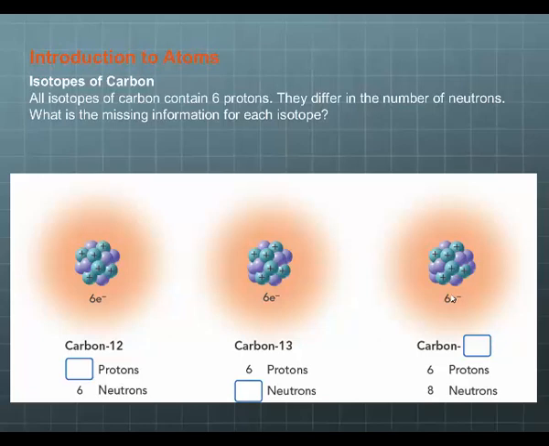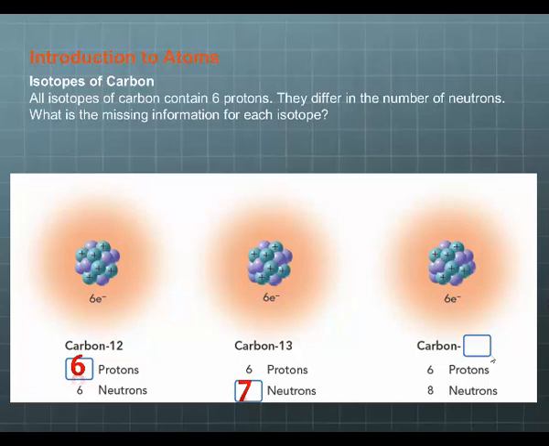Fill in the missing information for each isotope. So obviously carbon-12 has 6 protons and 6 neutrons. Carbon-13, because it has a total mass of 13, must have 7 neutrons. 6 plus 7 equals 13.